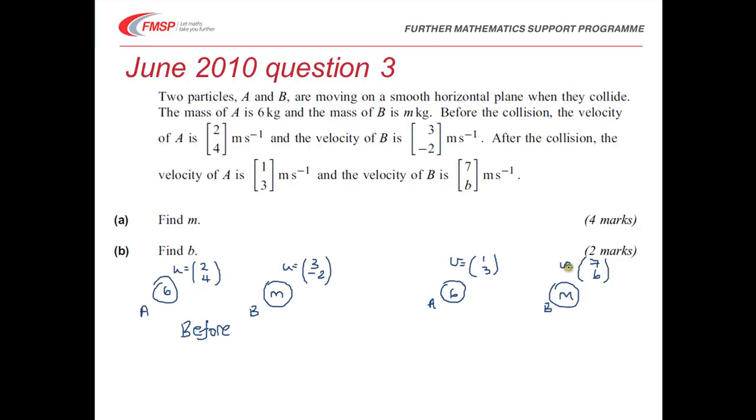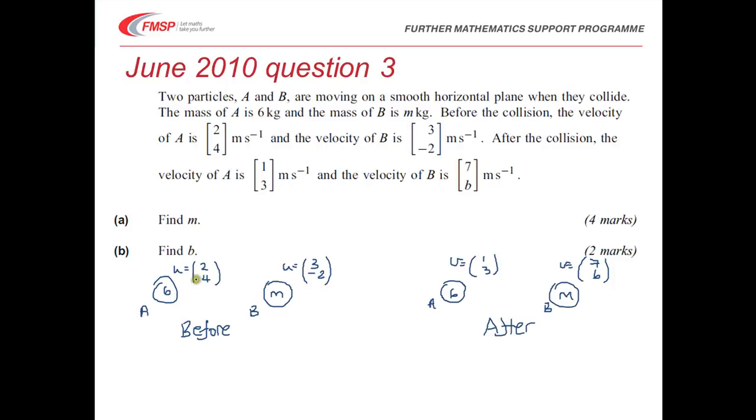So remember, the whole principle of all momentum questions that you're doing is that in a collision, momentum is conserved. So what we can write down here is that the total momentum before is equal to the total momentum after the collision.